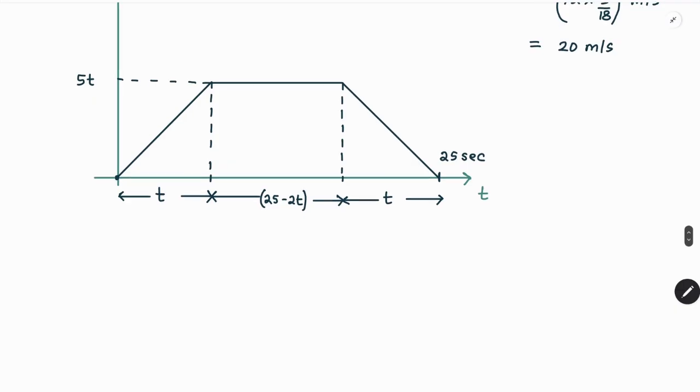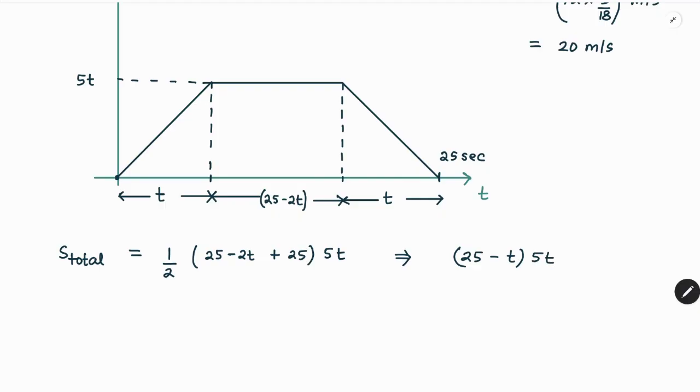So the area under the graph, or the total displacement, can be written as the area of this trapezium, which is half the sum of the two parallel sides, which are 25 and 25 minus 2t, times the height, which is 5t. So we have 25 minus 2t plus 25, that is 50 minus 2t, taking 2 common, so we have 25 minus t times 5t.